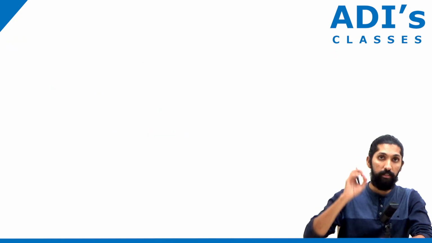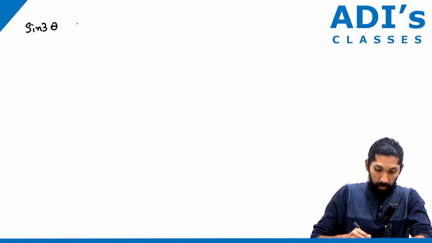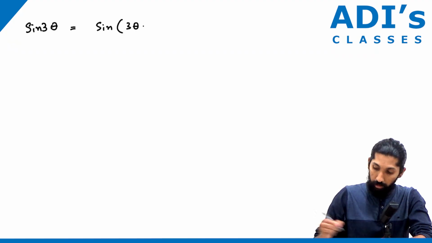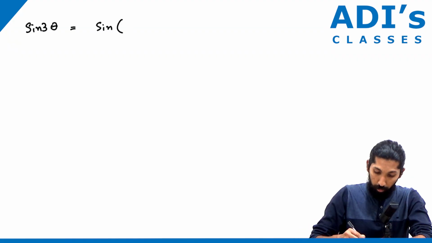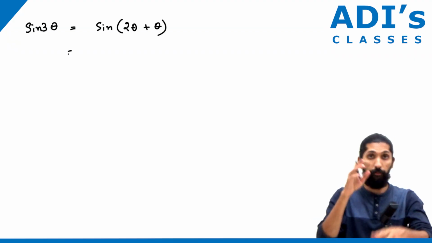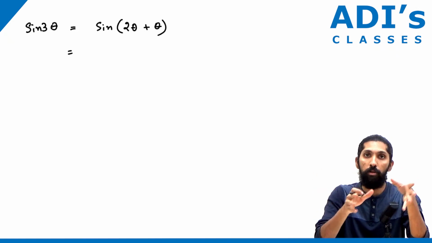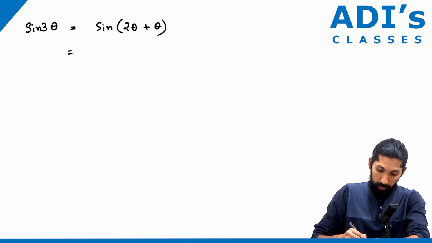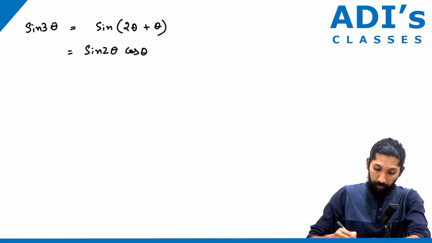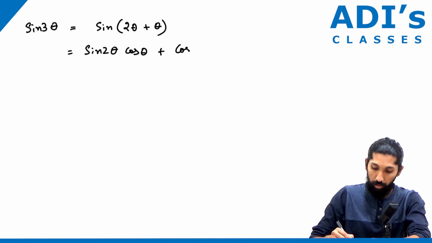Clear? For sine 3 theta, so what you're going to have, see, we can write this one as sine of 2 theta plus theta. Correct? Now this is of the form sine of a plus b, which is sine a cos b plus cos a sine b. So this is going to be sine 2 theta into cos theta, see the first part, plus cos 2 theta into sine theta.